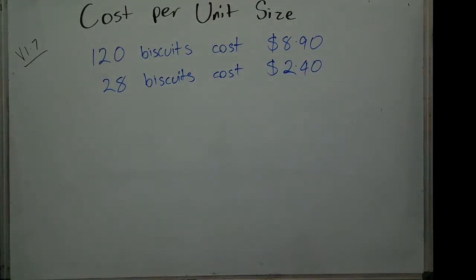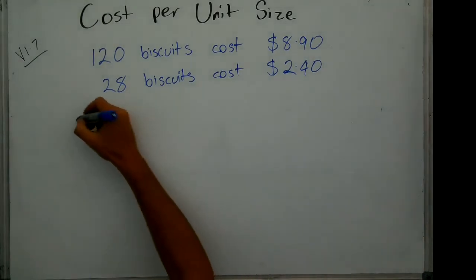Which is the best value based on the cost per biscuit?